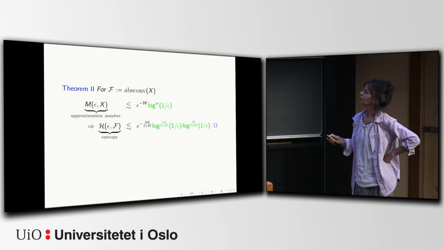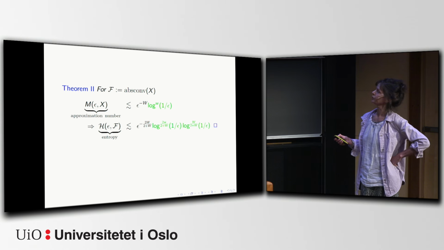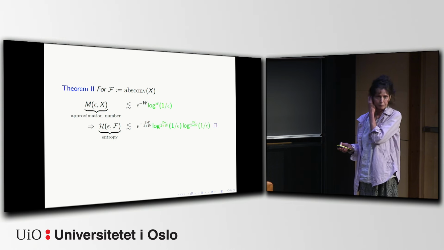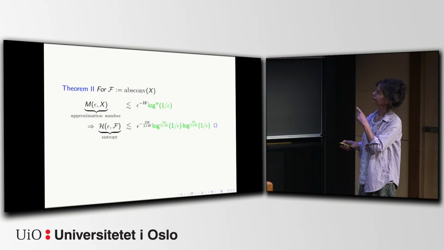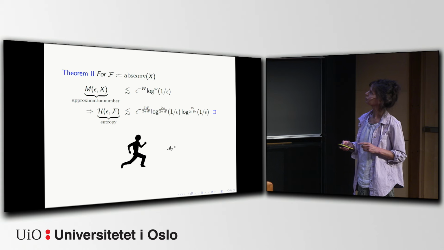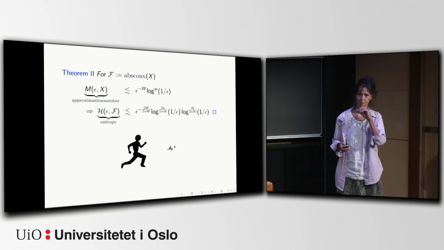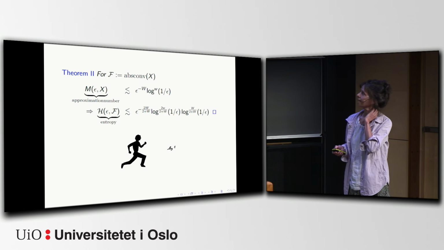It says that if you know the approximation number with exponent W, then the entropy of the convex hull has exponent 2W over 2 plus W. And in green are the log terms, and we're going to change them a little bit.